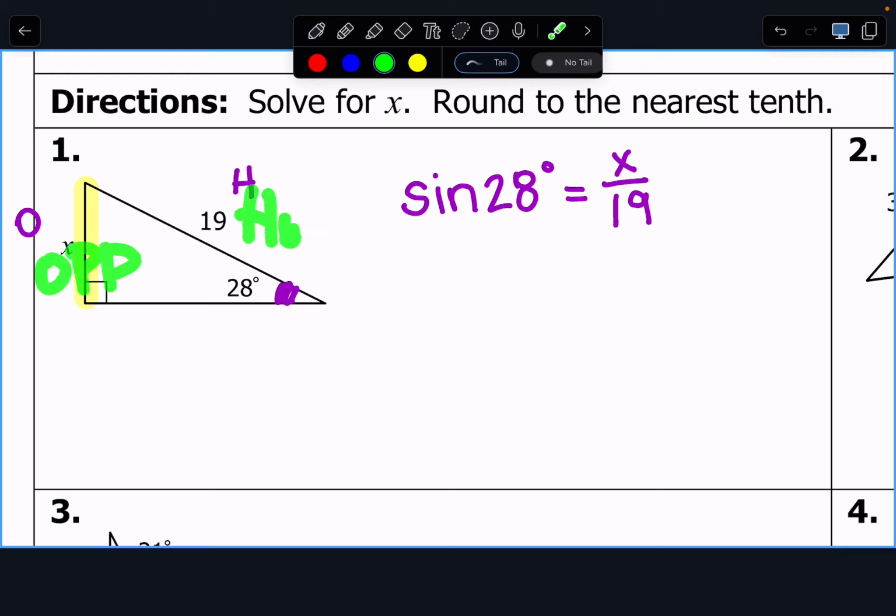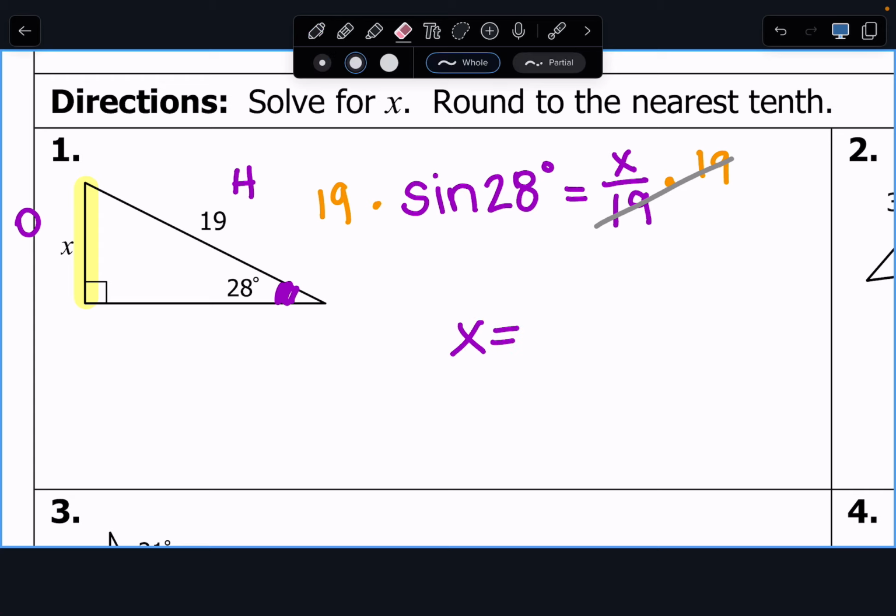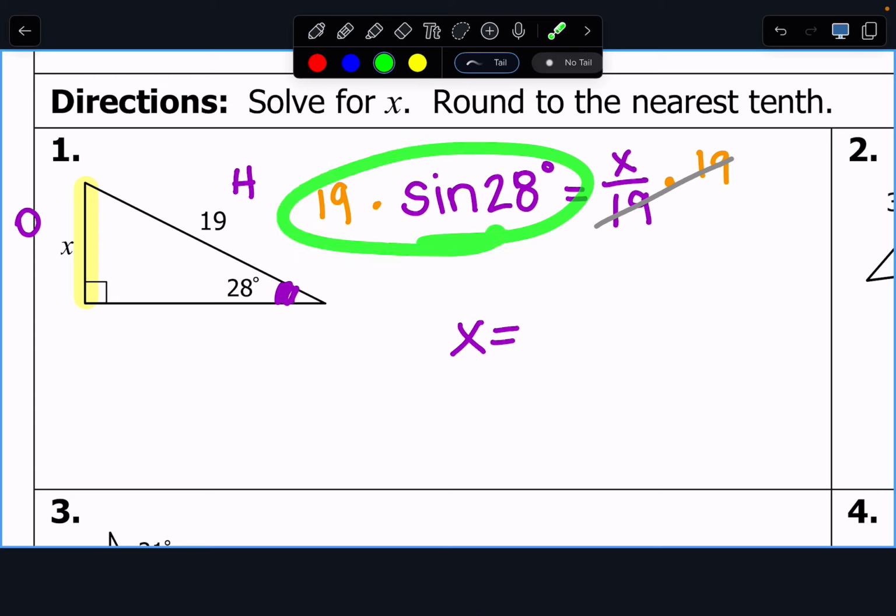Because it's not next to the angle? It's like the cross. Yeah. How do you set it up? Okay, if I want to get x by itself, how do I get rid of that 19? We're going to multiply both sides by 19. And so in your calculator, you're going to type in 19 times the sine of 28.